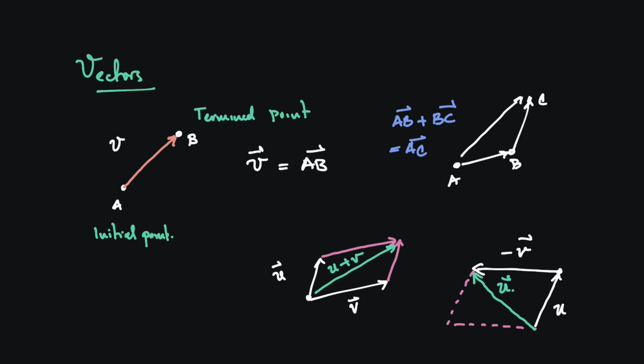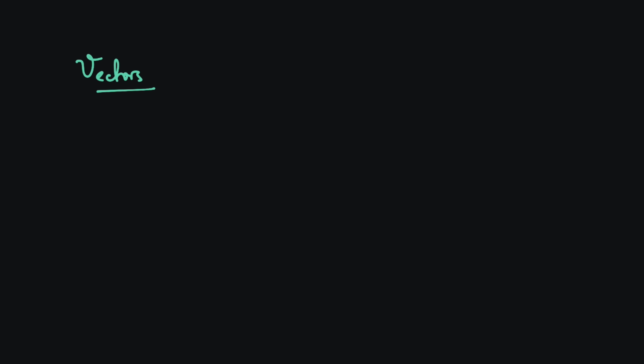That means u minus v. Okay? So that's how we can define the subtraction of vectors. Okay? If you notice, this will be our addition, u plus v, and the green one will be our subtraction.